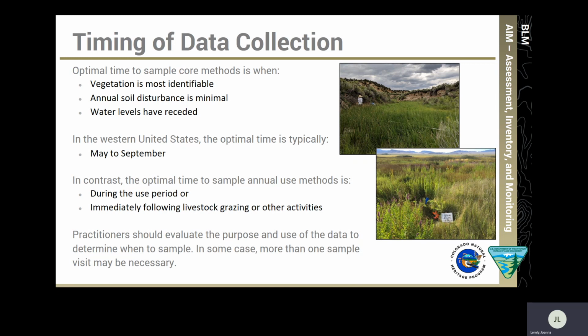In contrast, the optimal time to sample annual use methods is during the use period or immediately following livestock grazing or other activities. Practitioners should evaluate the purpose and use of the data to determine when to sample. In some cases, more than one sample visit may be necessary, one to collect core methods and a supplemental visit later in the season to collect annual use data.